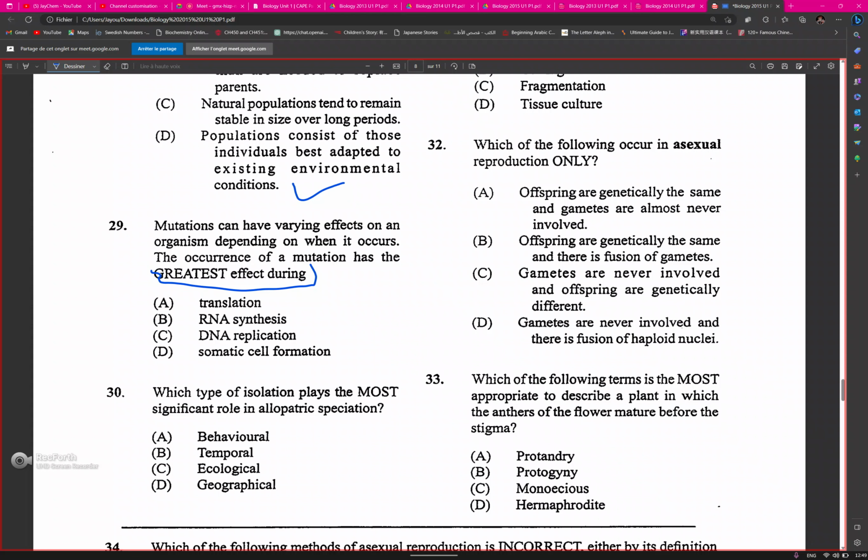But it won't technically have any effect on the organism unless it starts to translate into proteins that will create a sickle shape out of the red blood cells, the erythrocytes. So I would argue here that the greatest effect it would have on an organism is through translation, as it creates proteins that will adversely affect the functioning of the overall organism, more so than it existing within DNA replication.